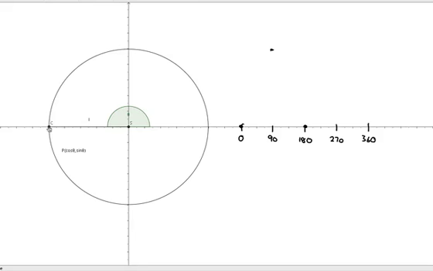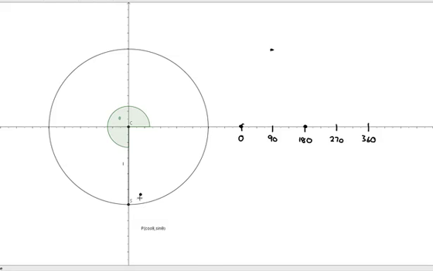And if the angle continues to increase from 180 to 270, the y-coordinate of this point, when the angle theta is 270, is now minus 1. It's not 1, because remember, it's the y-coordinate. The coordinate of this point has gone negative. It's now negative 1.